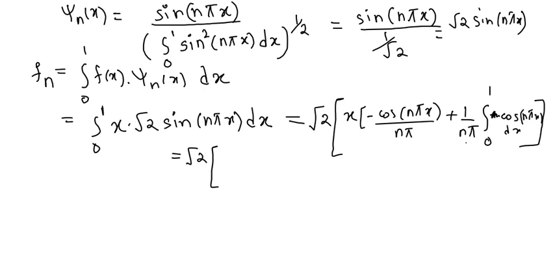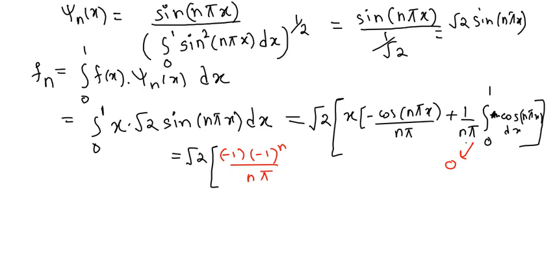This one will go to 0 because after integration it will be sine n pi x, and then it will go to 0 because limits are 0 and 1. And here it will be retained, so that will be equal to minus 1 into minus 1 raised to n divided by n into pi.